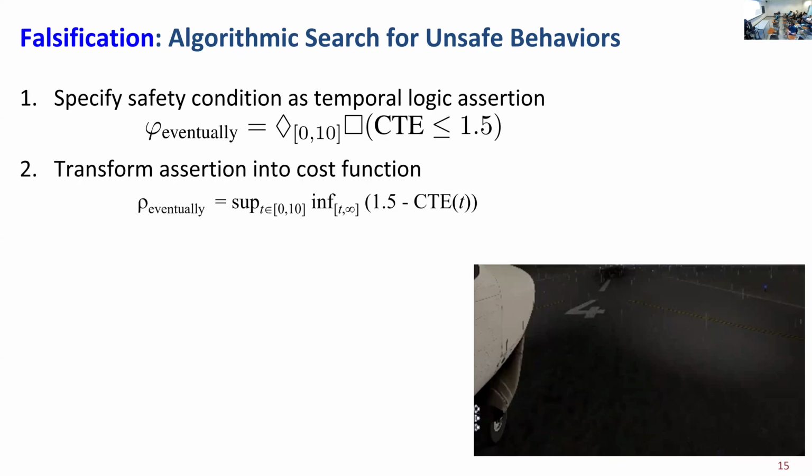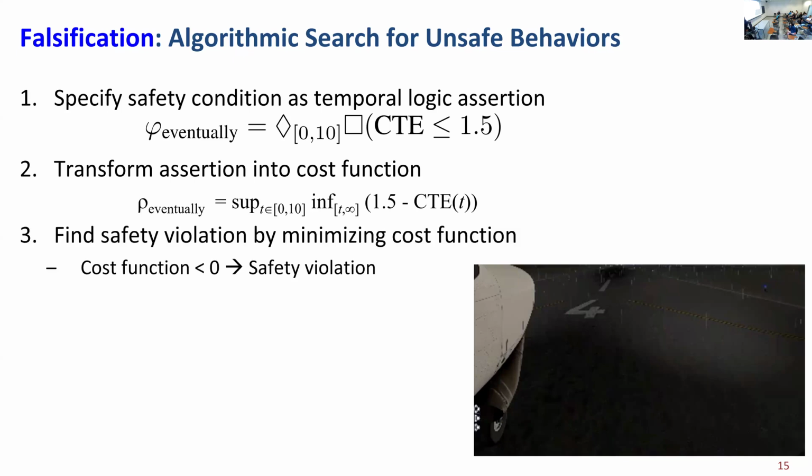So the way falsification works is it takes that logical requirement and transforms that in a syntax-directed way into a cost function. I won't go into the details there, but that's the rho eventually, a cost function, and then we minimize that cost function. So optimization-driven search for unsafe test cases.